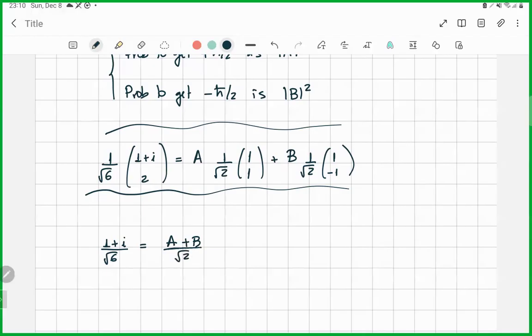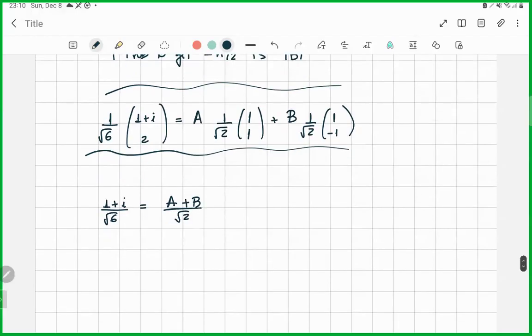The other equation involves the elements at the bottom: 2 over square root of 6 equals A minus B over square root of 2. With these two equations, we'll be able to find our two unknowns, A and B.